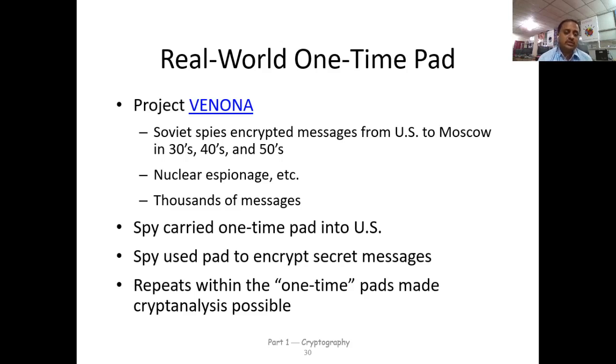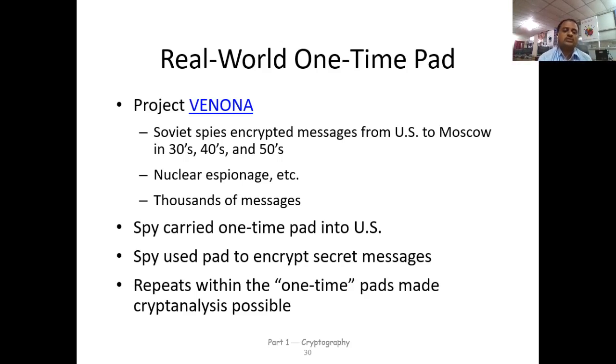They sent the data by encrypting it using a one-time pad, and such spies were sent with different one-time pad keys. This happened in the 30s, 40s, and 50s, under the name nuclear espionage, etc. Thousands of messages needed to be transferred from the US to Moscow.